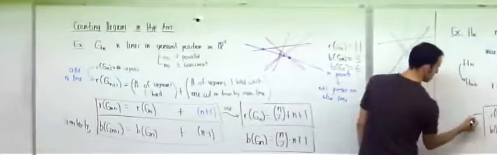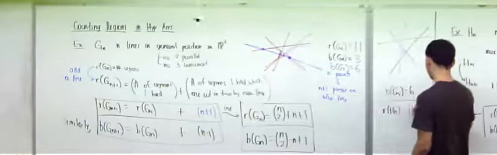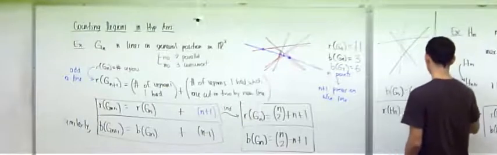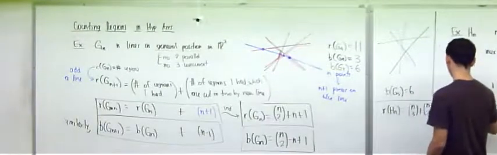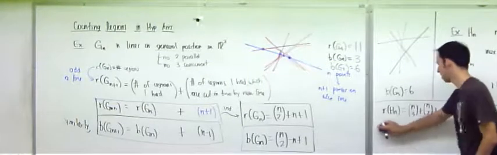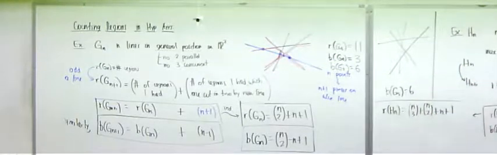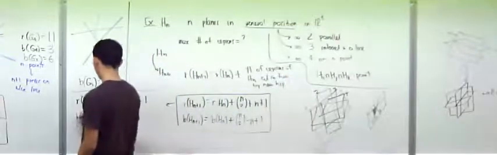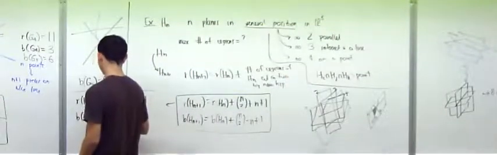So these are the recursive formulas. And then the formula that is not recursive looks like this. Okay? The number of regions created by n planes in general position is n choose 3 plus n choose 2 plus n plus 1. And the number of bounded regions, would you like to venture a guess?